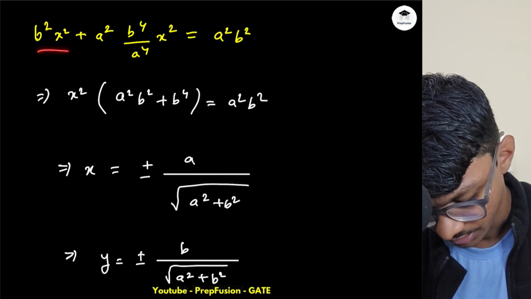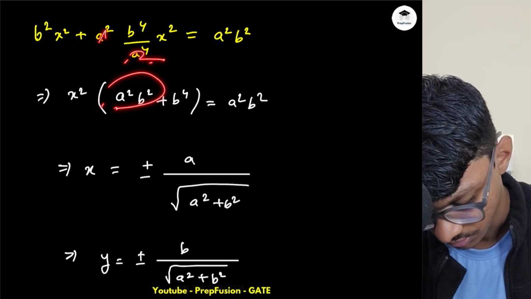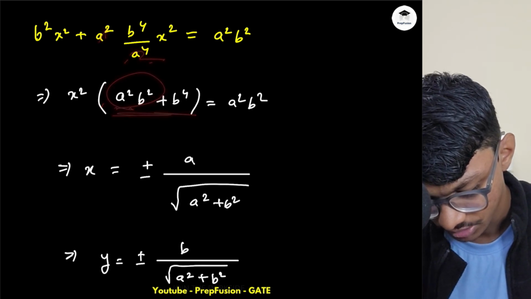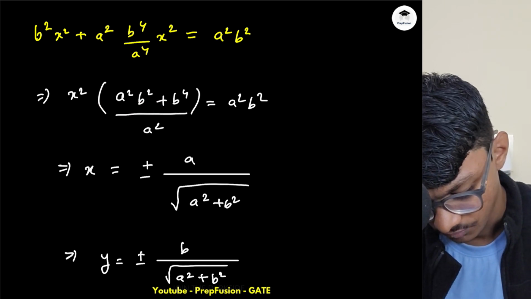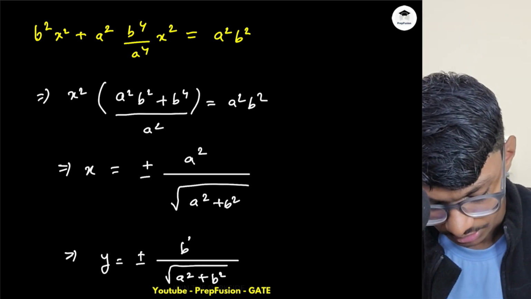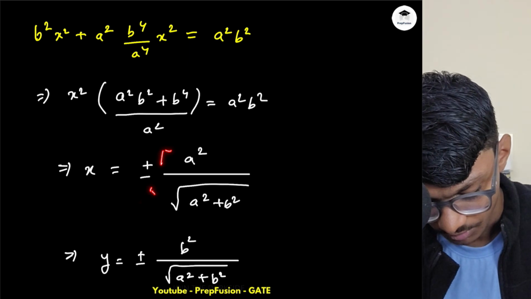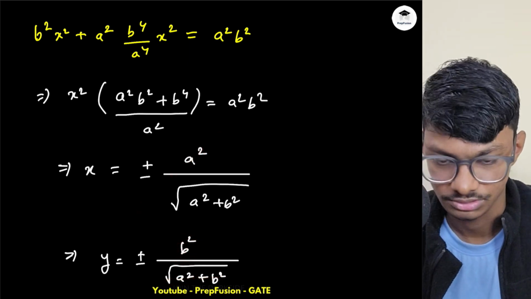Oh, sorry, this a raised to power 4 is over here. Yeah, this is a square only. A square is in the bottom also, so this a square will go over here, this will be a square only. If I take the under root, b square upon a square will get cancelled, and this will be b square itself, right. So b square upon a square plus b square.